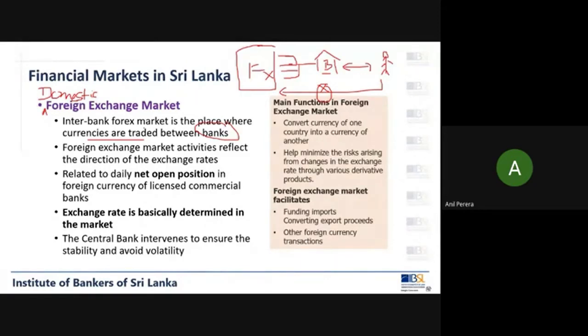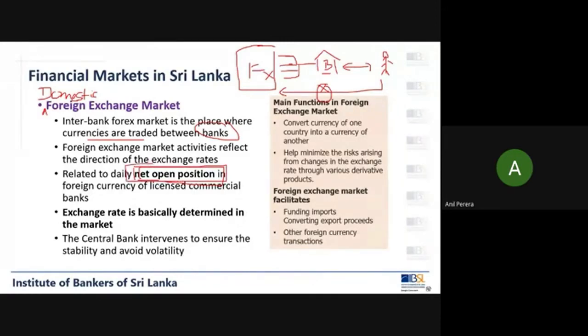This exchange rate determination is also related to the net open position in foreign exchange of licensed commercial banks. This term is very important, net open position. Why?